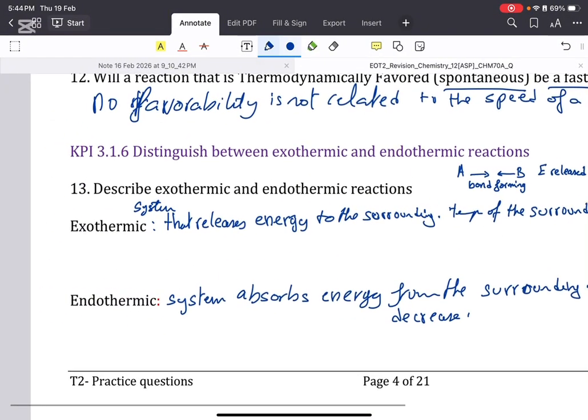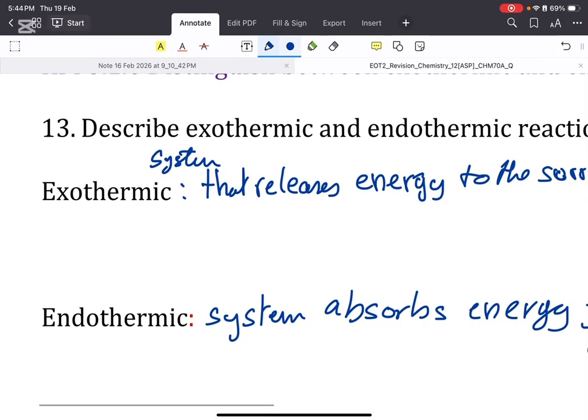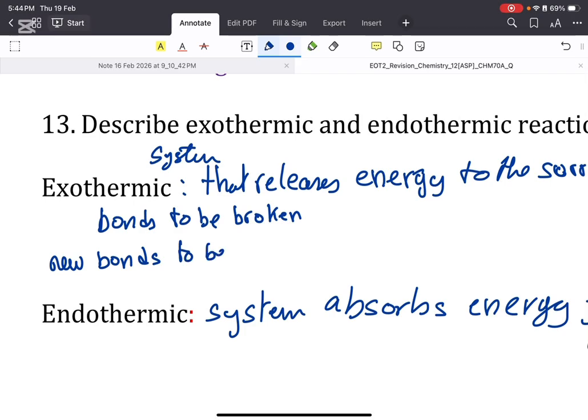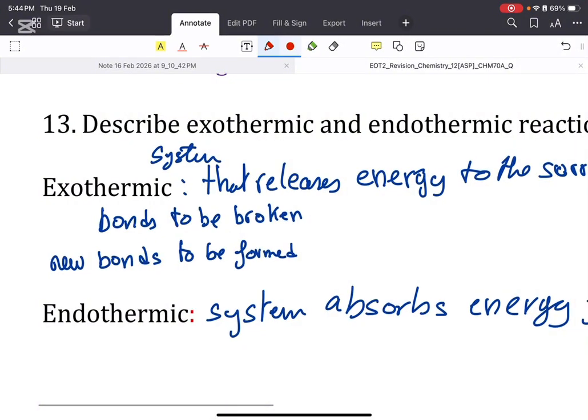So let me just explain this. In an exothermic reaction, when a reaction occurs, there are bonds to be broken and there are new bonds to be formed. So that's the norm. In this case, when bonds are broken, energy is absorbed. But when new bonds are formed, energy is released.